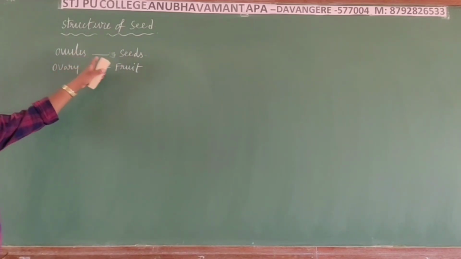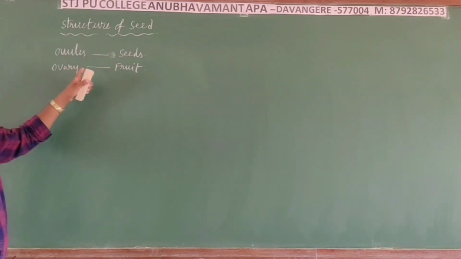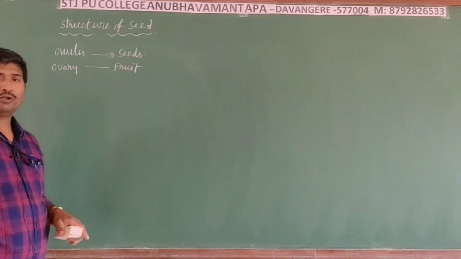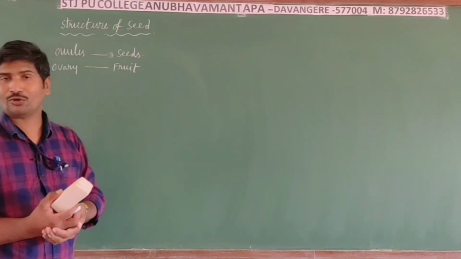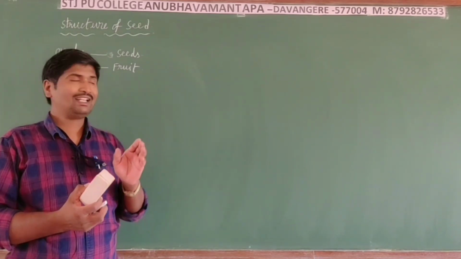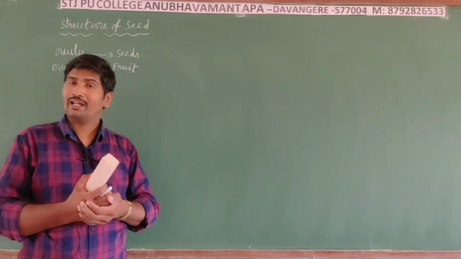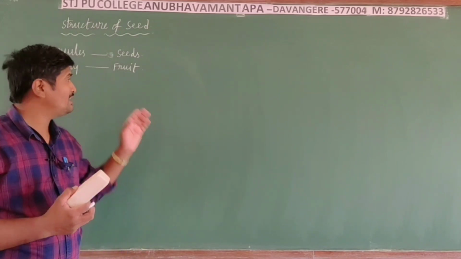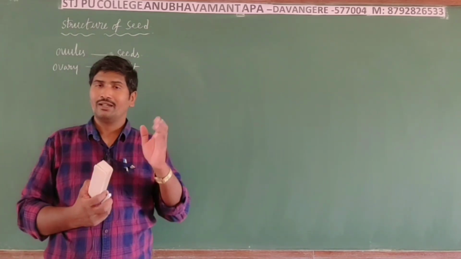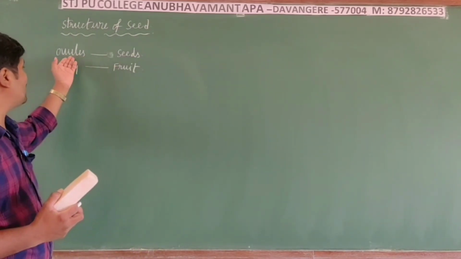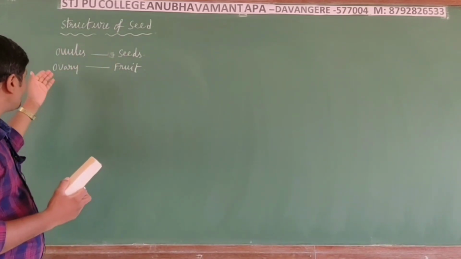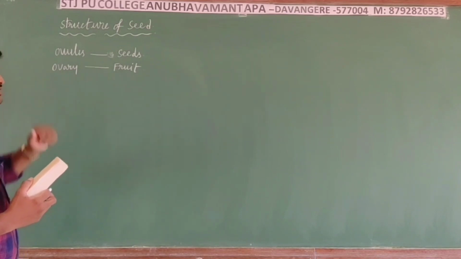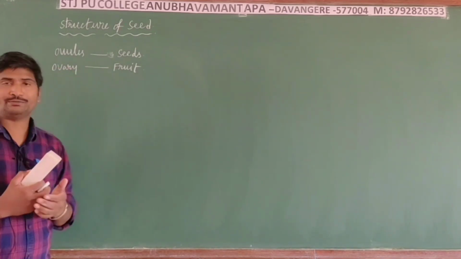Ovules develop into the seeds and ovary develops into the fruit. Okay, so collectively these four events are there after fertilization. One is the development of the endosperm, second one is the development of the embryo, third one is the maturation of ovules into the seeds, fourth one is the maturation of ovary into the fruit.